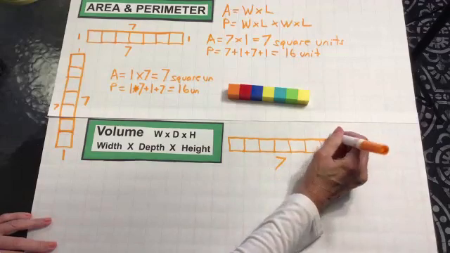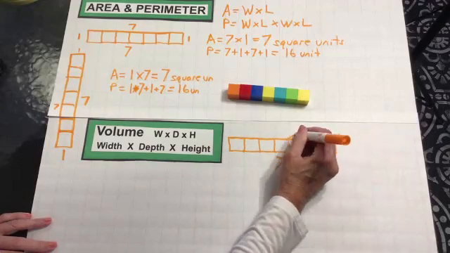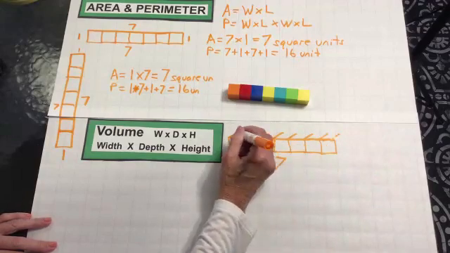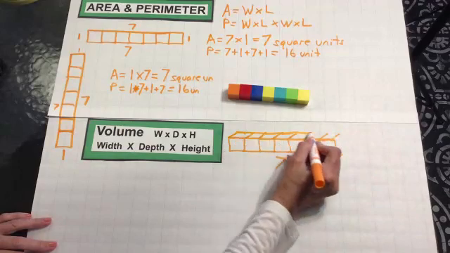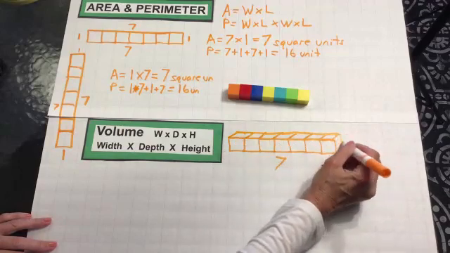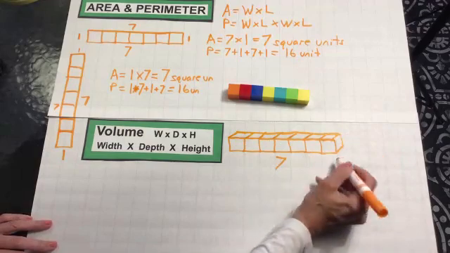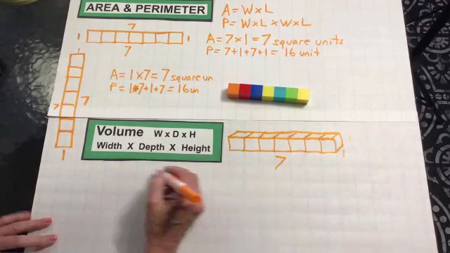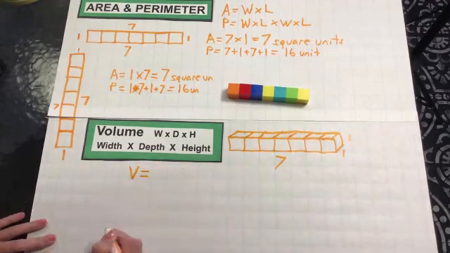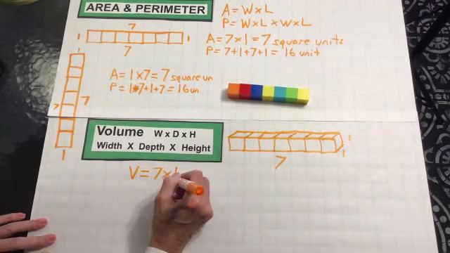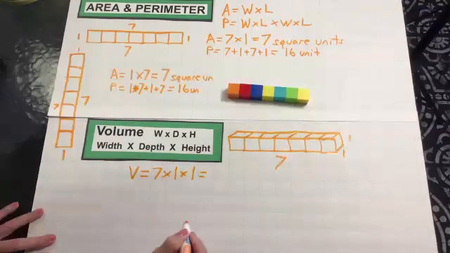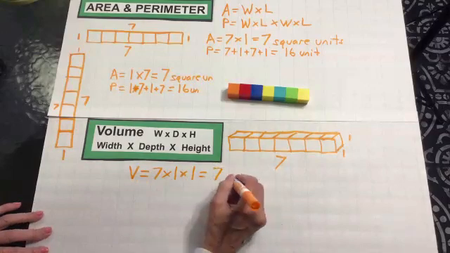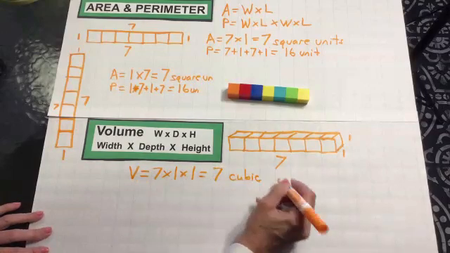And then we're going to do our diagonals to give it 3 dimensions because we got width times depth times height. So this is going to give it the depth. So we have 7 across. It's 1 deep and 1 tall. So our volume, we would write V equals 7 times 1 equals, well, 7 times 1 is 7 cubic units.